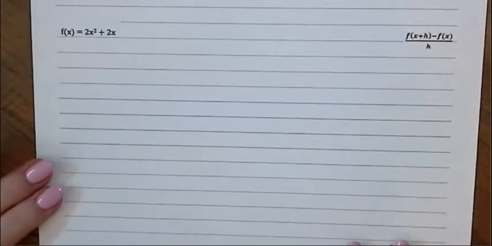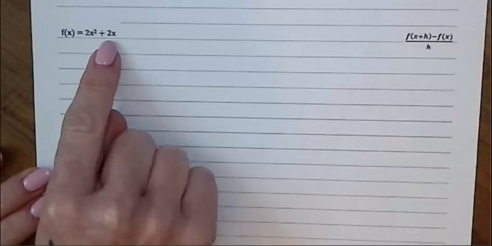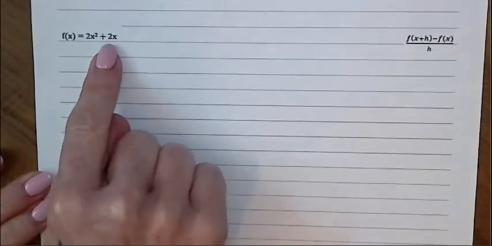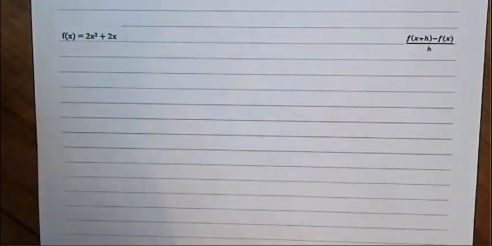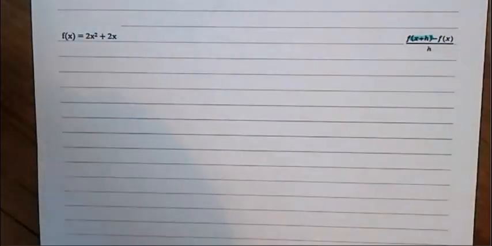So here, our function is 2x squared plus 2x. So when we find f of x plus h, let's look at that for a second.